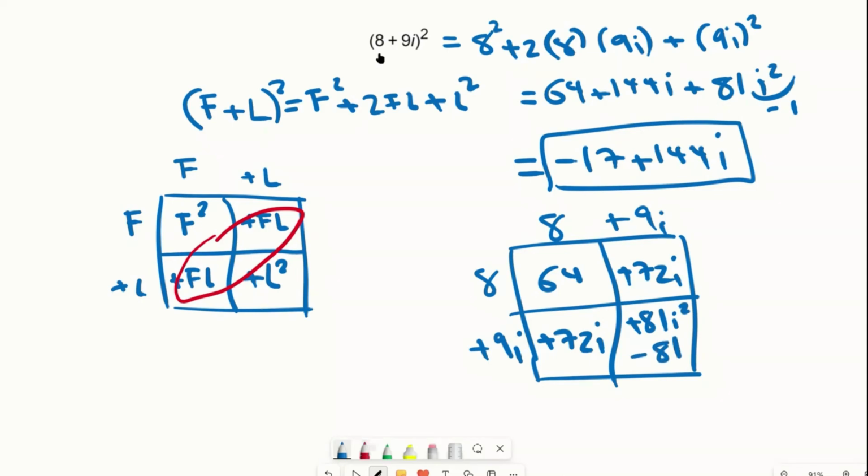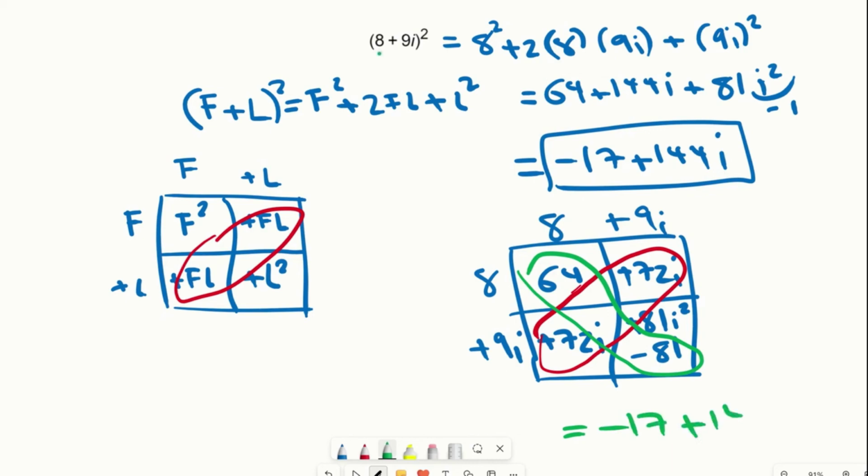So now we can see we can combine these two, and we can also combine those two, right? So once again, we end up, of course, with -17 plus 144i. So just a couple of alternative methods of handling that in case you were interested.